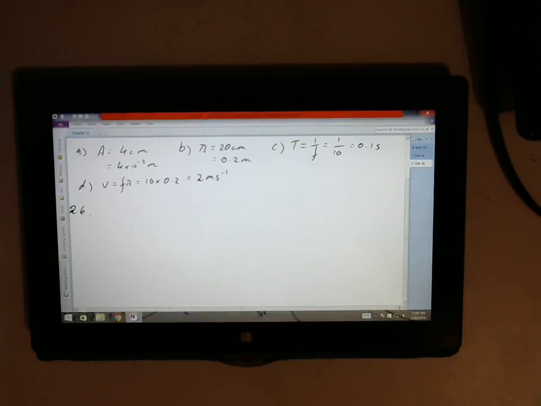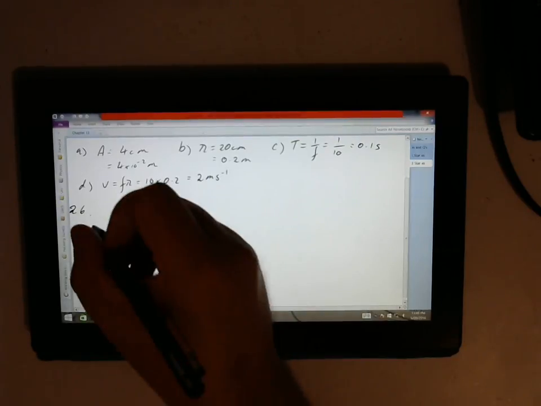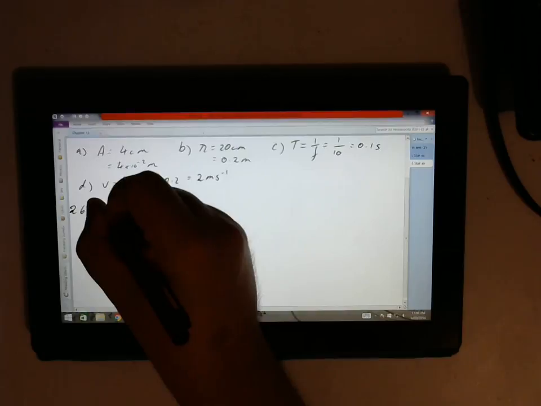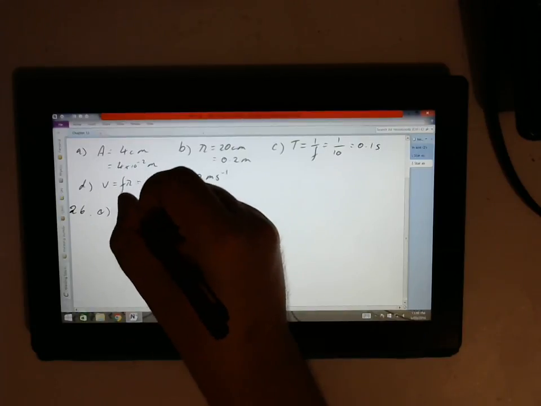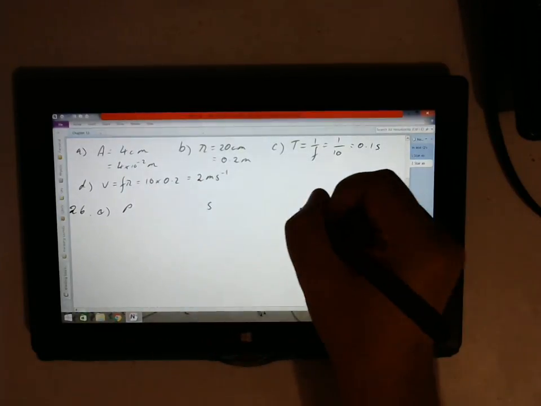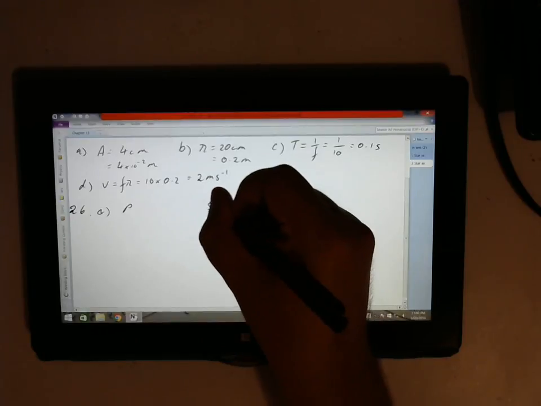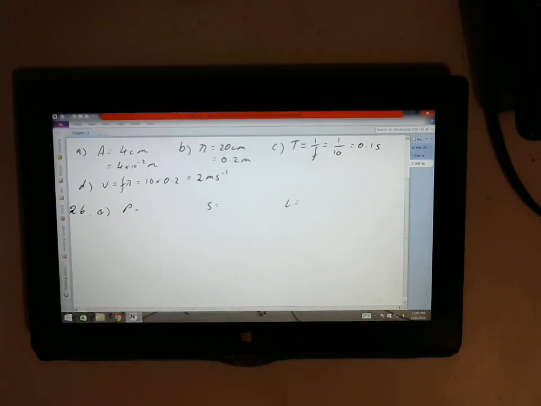First question is asking us, well, what type of wave? So again, remember we've got longitudinal and transverse. So let's see, we've got P waves, S waves, and L waves. So in this case, we've got to interpret the text. So primary P waves caused by back and forth movement of rocks.